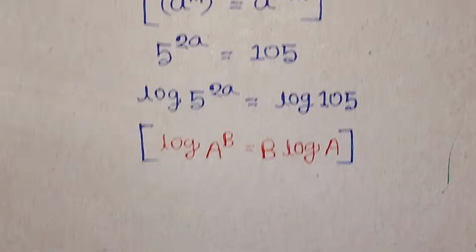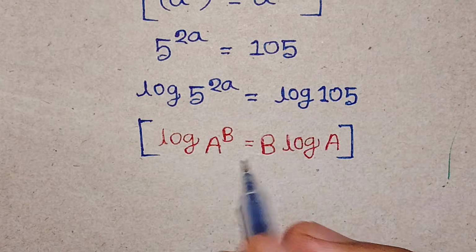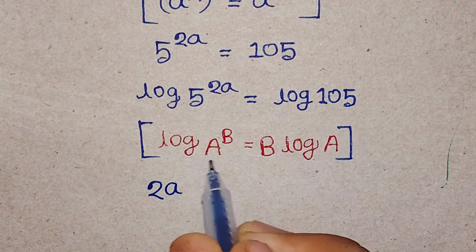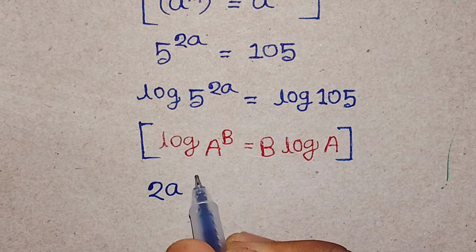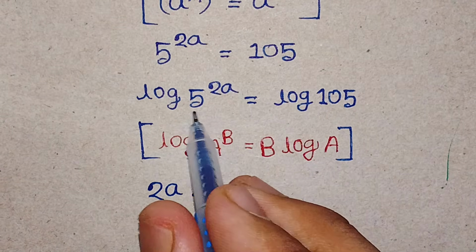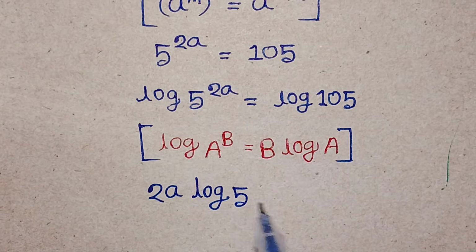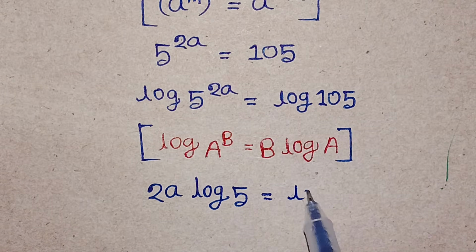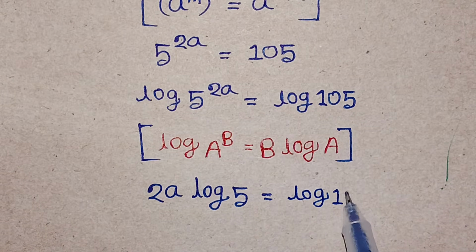After applying this logarithm formula in this equation, we'll get 2a times log 5 is equal to log 105.